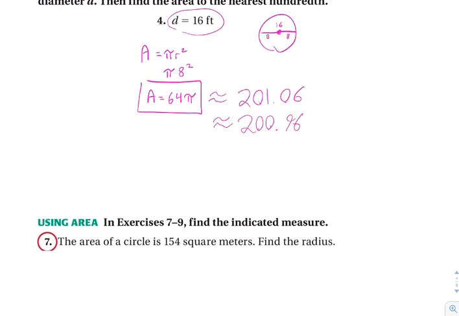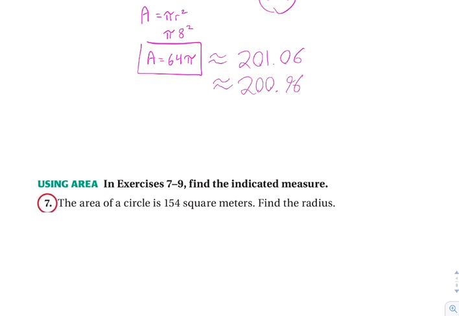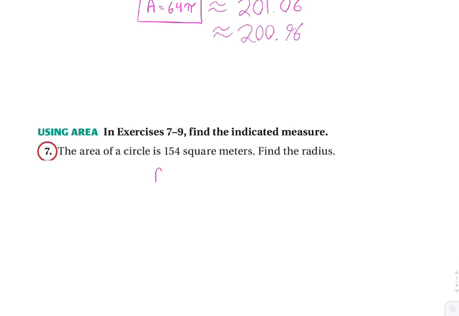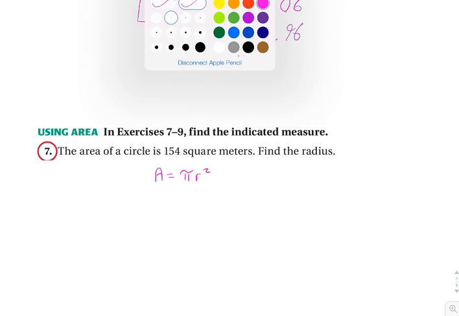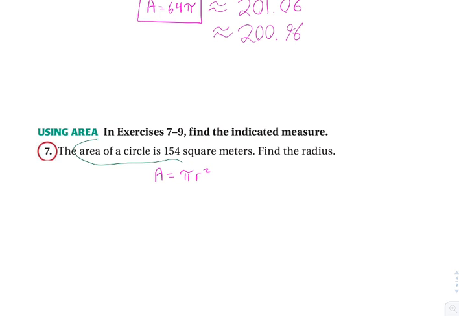So what about here where it's given us the area and we want to find the radius? We still have that same relationship, right? A equals pi r squared. But now it's giving us that the area is 154. So we're going to plug that 154 in for area and say that's equal to pi r squared. How do we solve for r squared?